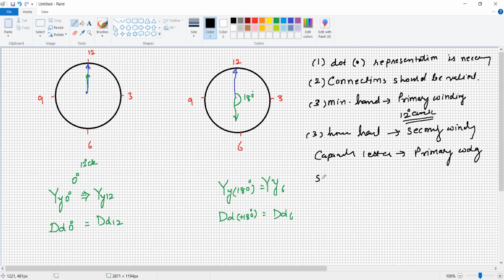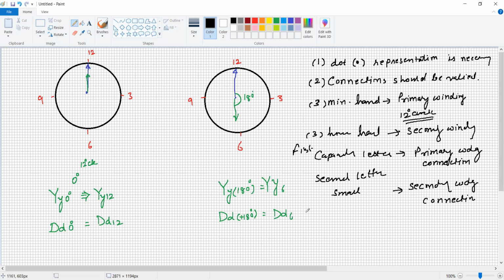The second letter is a small letter, and it represents the secondary winding connection. The first letter represents the primary winding connection. If it is Y, then it is a star. D stands for the delta. The second letter represents the secondary winding connection.